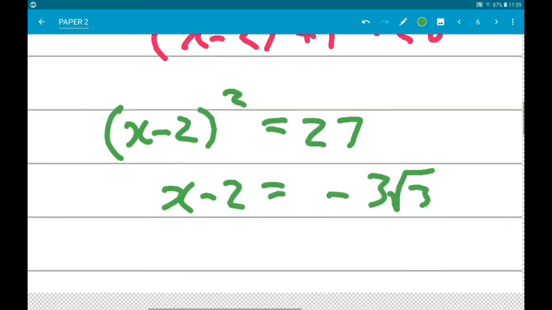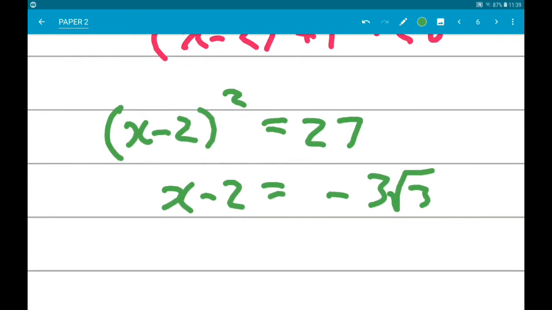So, that would give us that x is 2 minus 3 root 3. Now, what we really want is where is that greater than 28. So that's going to be everywhere to the left of that point.